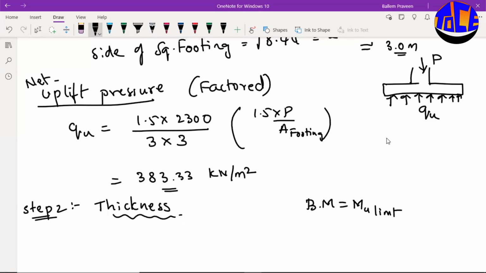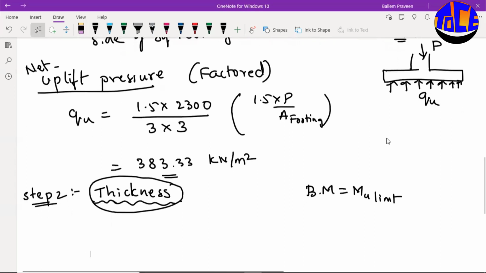Or else you can directly go to the shear concept, because in footings the thickness is determined using shear itself. Using shear to find the effective depth is more accurate and desirable. So let us use the shear concept to find the effective thickness of the footing.